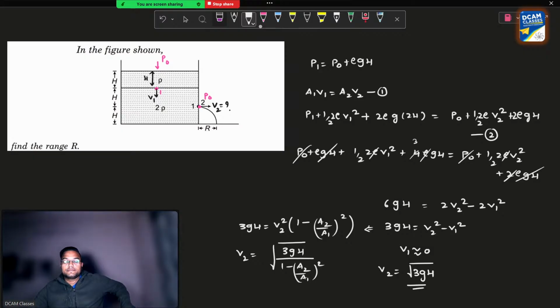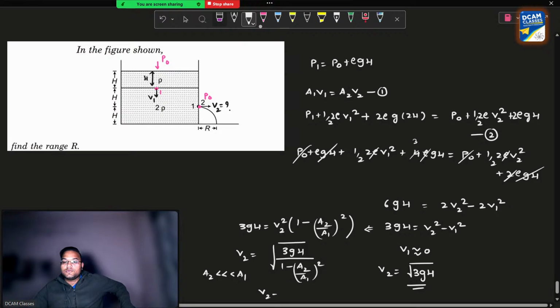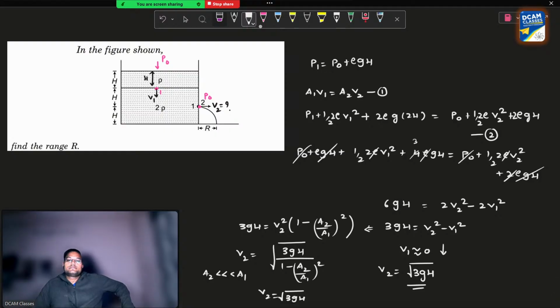But since A2 is very less than A1, you will neglect this part and you'll get V2 is equal to root 3GH. You can do either way, either the left way or the right way. Understood, Diva? Yes, sir. So be very careful, that's why I gave you a liquid with different density.